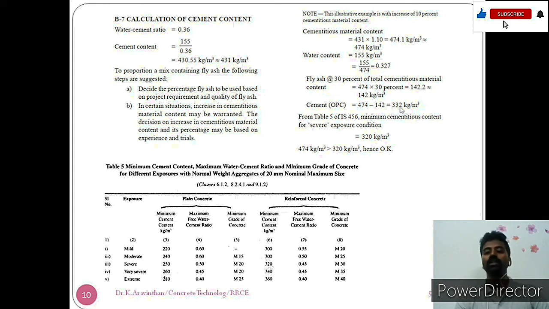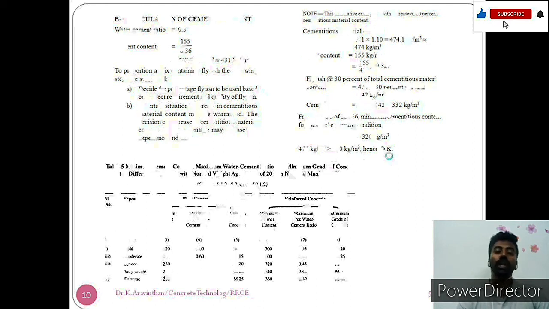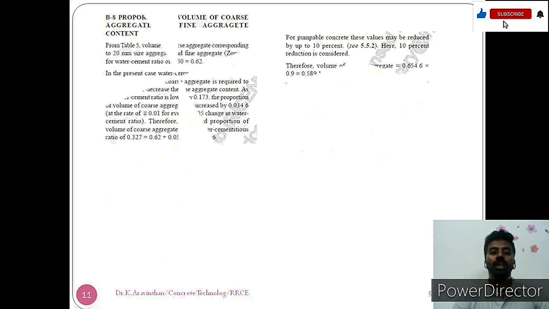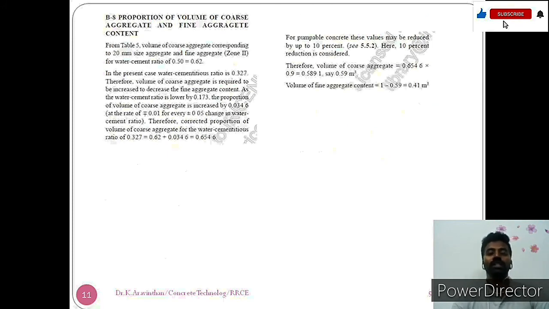Right now we have 332, which is greater than that, and the cementitious content available is 474 kg per meter cube. The minimum value is 320, hence it is okay. Next we shall move on to the last two ingredients, which are fine and coarse aggregate.